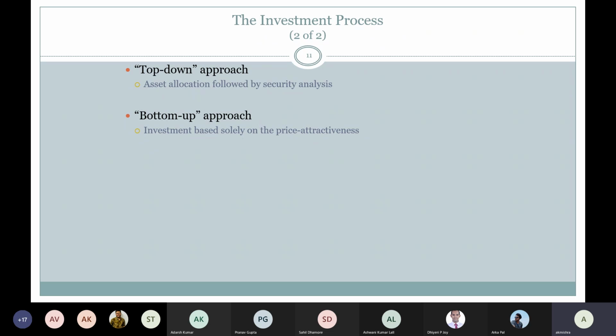And why you should know your asset class is because when you are going to compare the performance of your portfolio, you are going to compare it based on a certain benchmark. Why I am saying so: let's say you have created a portfolio of 10 securities and all are equity. I'm assuming that you follow this.